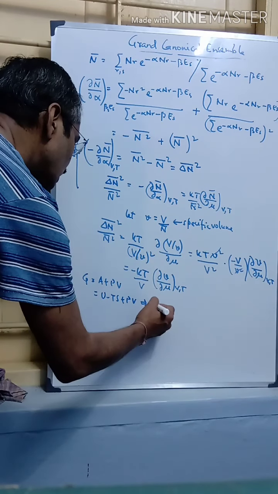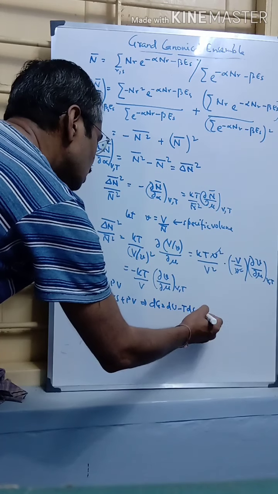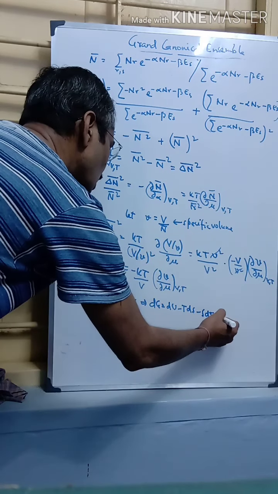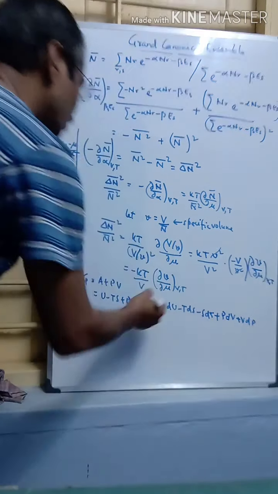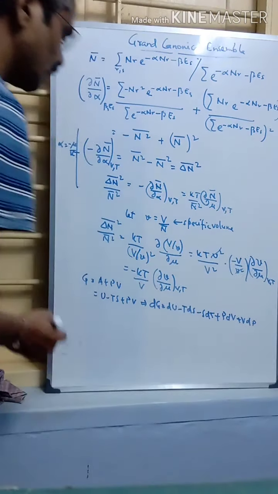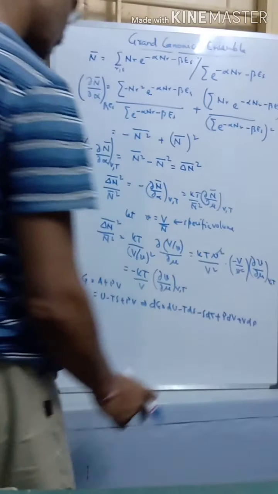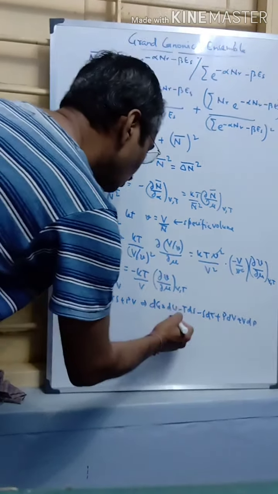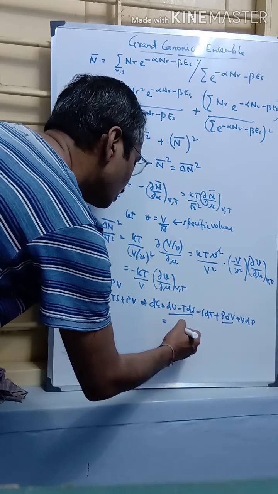So dG is dU minus TdS minus SdT plus, this is a simple thermodynamic problem, we have proved it previously. And from the first law of thermodynamics we know that dU minus TdS plus PdV is equal to dQ plus mu dN.